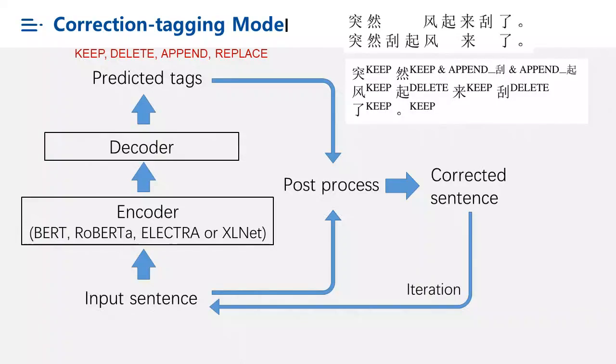An append tag is like this: the word append followed by a short line and a Chinese character. So we have about 4,000 append tags in total, and can cover most append operations in our corpus. The number of replace tags is about 5,000 in total.